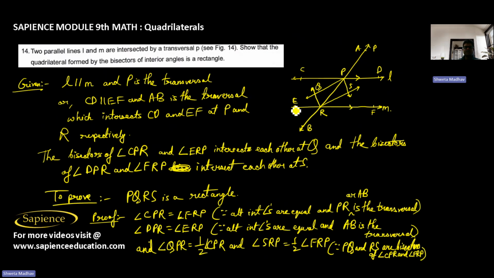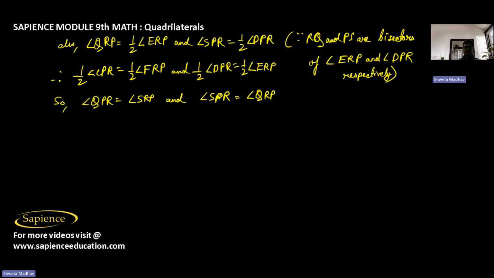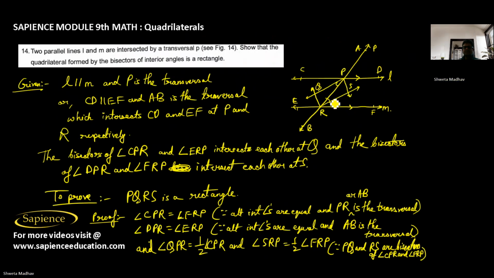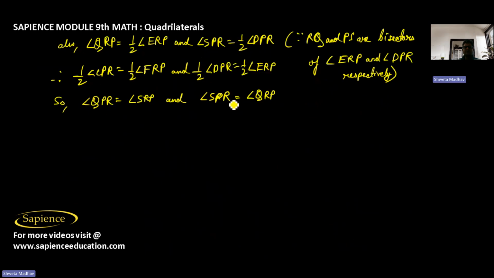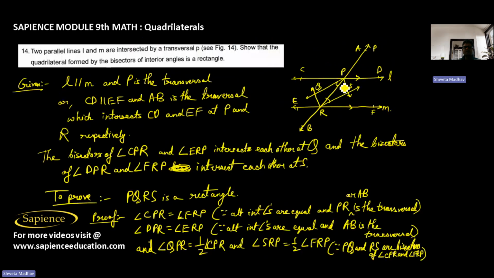So here we have proved that angle QPR is equal to angle SRP, and angle SPR is equal to angle QRP. So it means the alternate angles are equal.